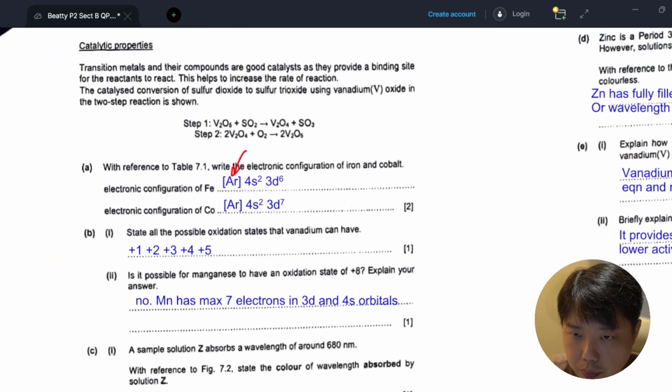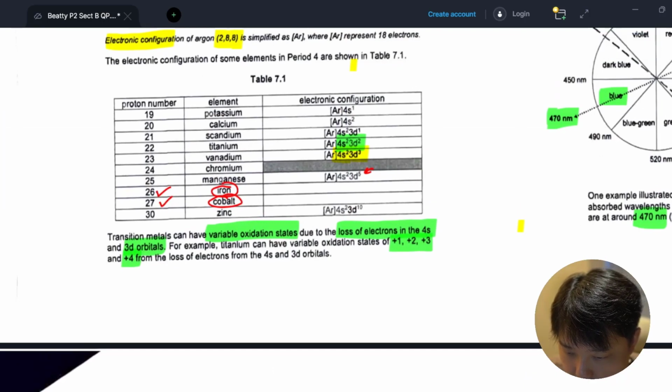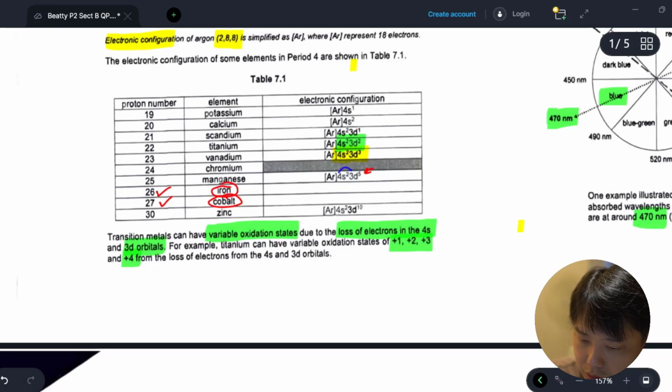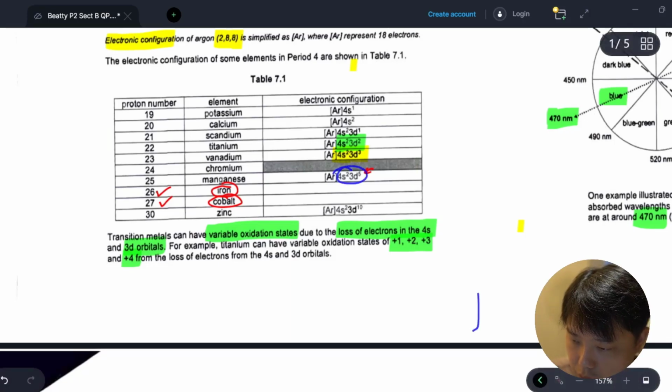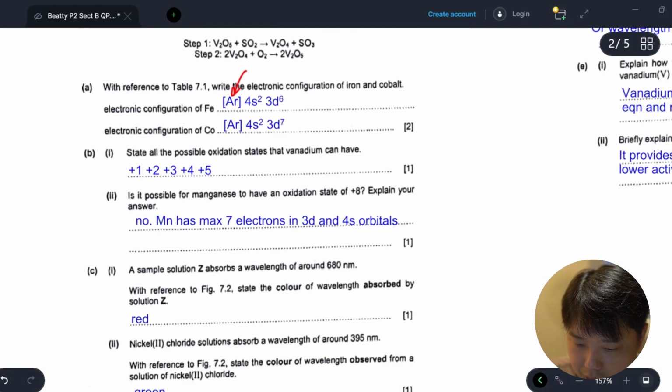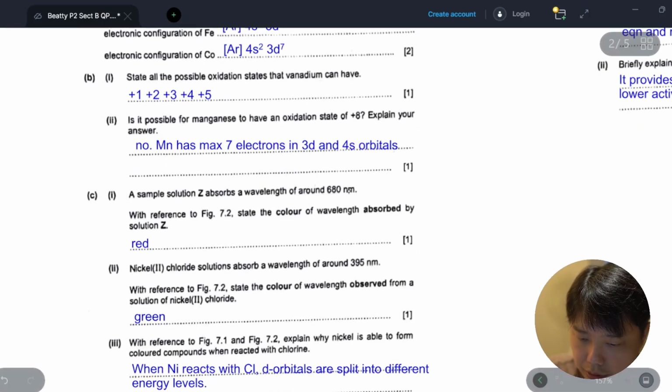Is it possible for manganese to have an oxidation state of +8? If you look at the table, manganese has a total of 7 electrons in the valence orbitals. So the maximum it can go is +7 and not +8. Next, they say that sample solution Z absorbs a wavelength of 680.